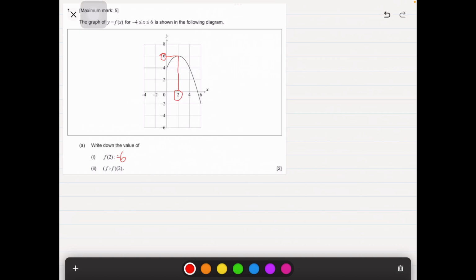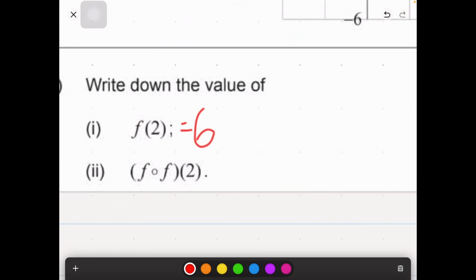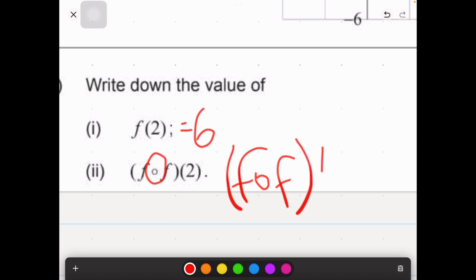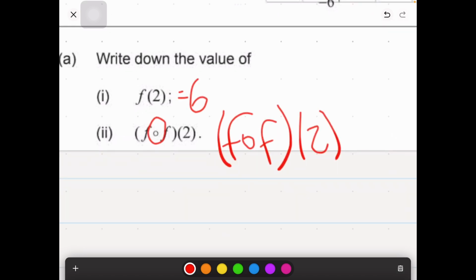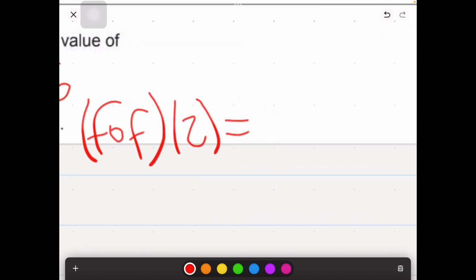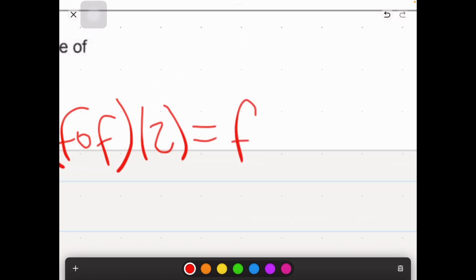Now part 2 is a little bit more complicated as it's a composition. You can tell it's a composition by looking at this f of f notation, which is basically saying that f is inside of f.